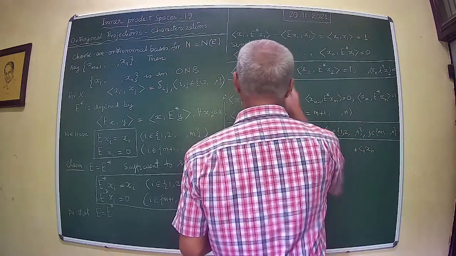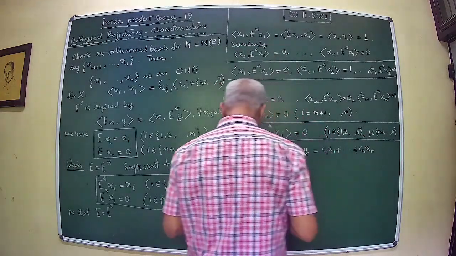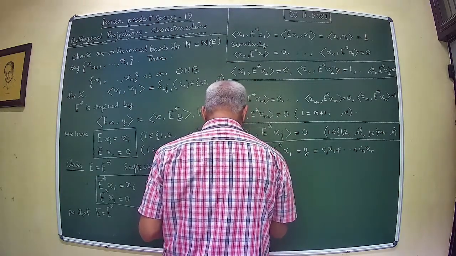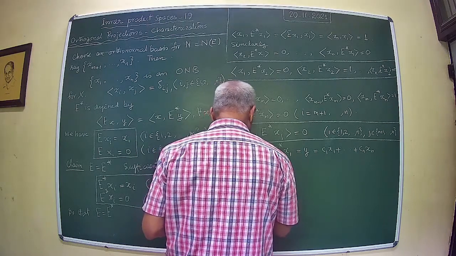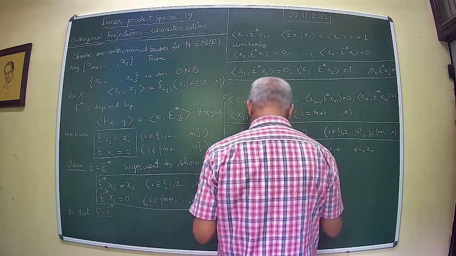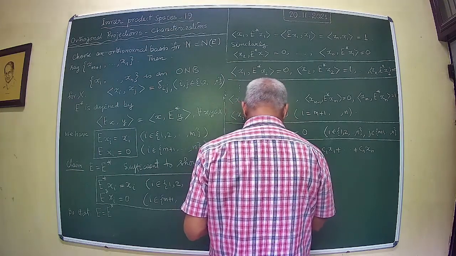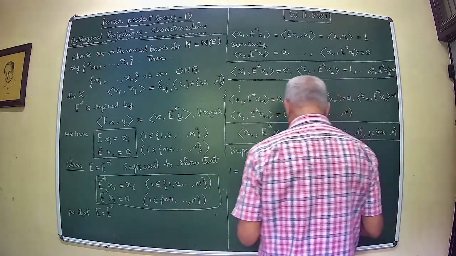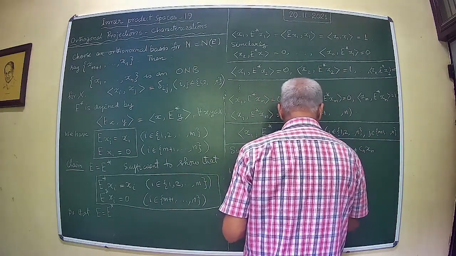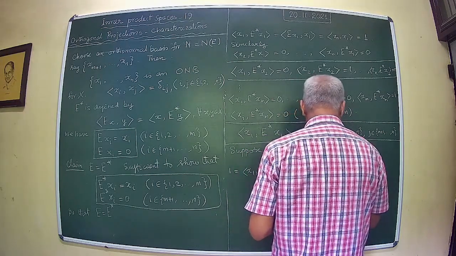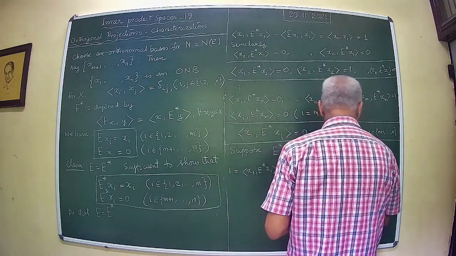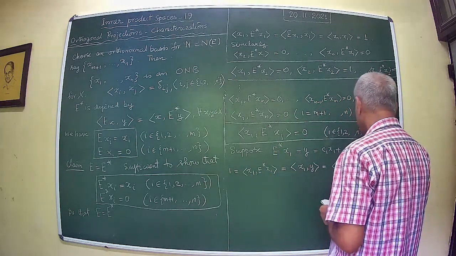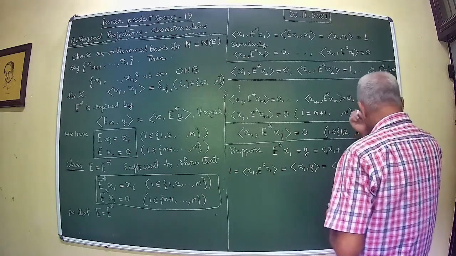Therefore, what do we have? We look at the first result. Therefore, you have 1 equal to the inner product of x1 with E star of x1, which is the inner product of x1 with y, with the sum from 1 to n.